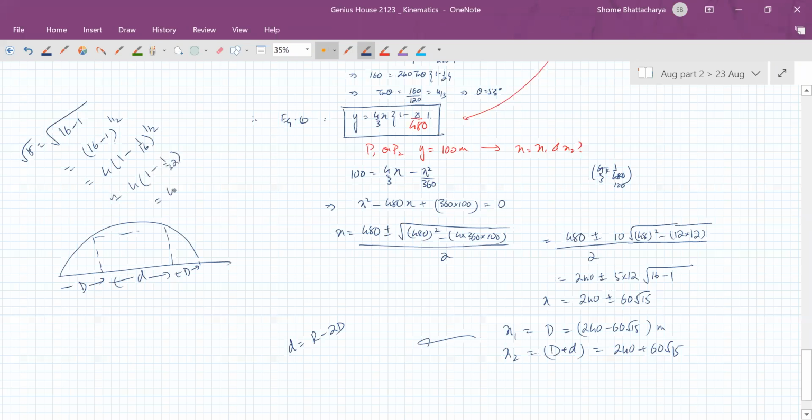That's 4 minus 1 by 8. So that is 4 minus 0.125. So the approximate value is like this, 3.87. So root 15 I will approximate as this.